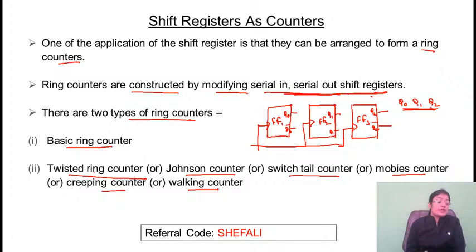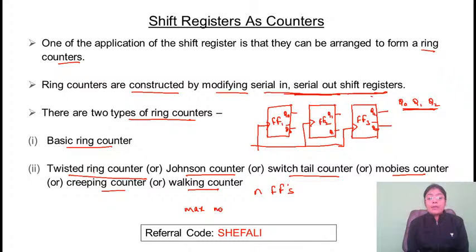So how many total states can there be? With 3 inputs, how many combinations are possible? It is 8 combinations. If I use 4 flip-flops, the total number of states possible will be 2 raised to power 4. If n flip-flops are used, what is the maximum number of states?